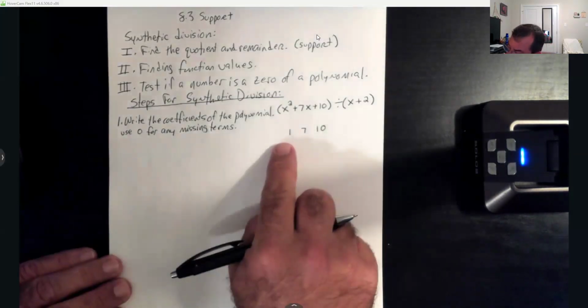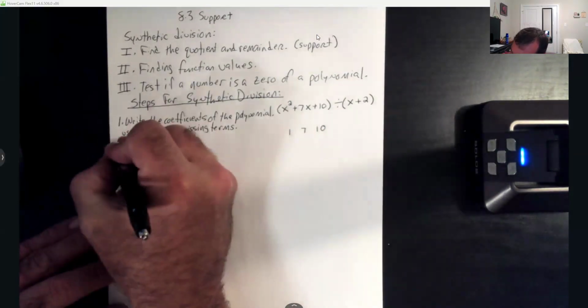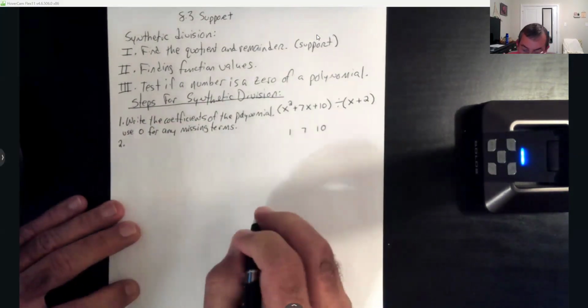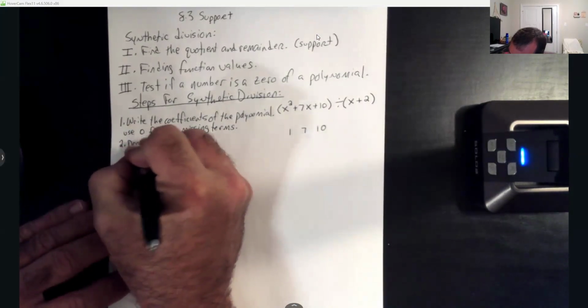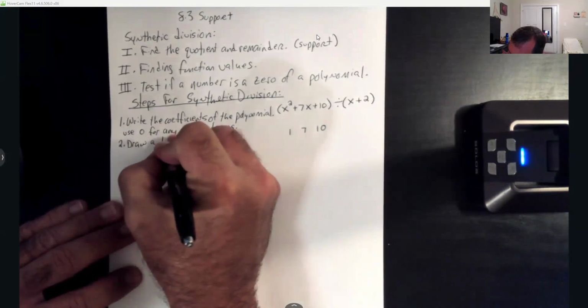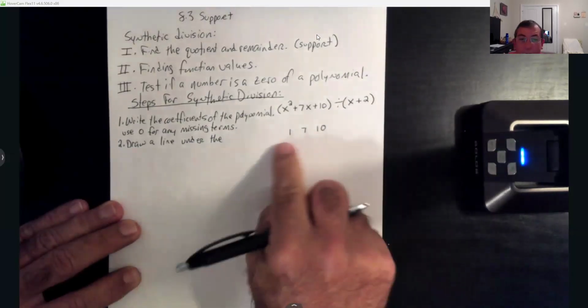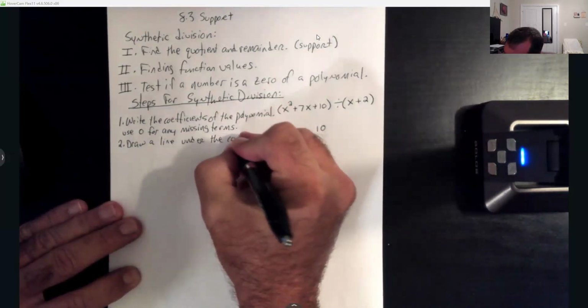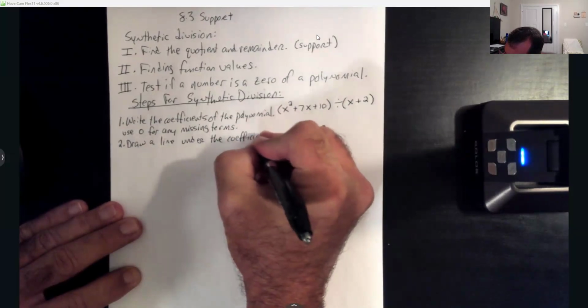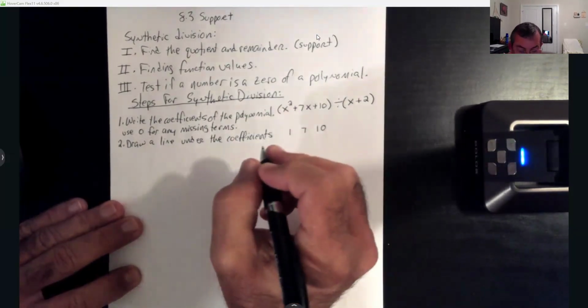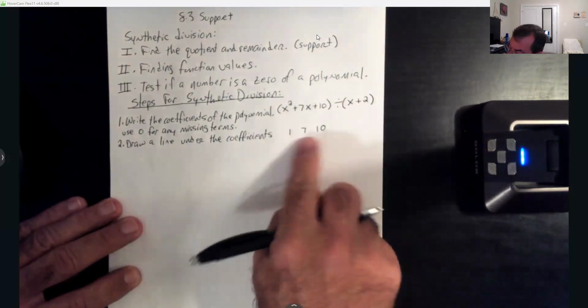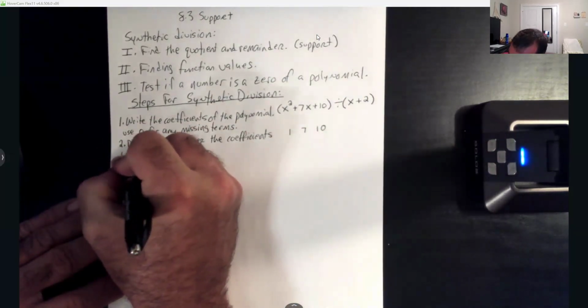All righty. So got my coefficients written. Next, I'm going to draw a line under the numbers. So I'm going to draw a line under coefficients, leaving space underneath.